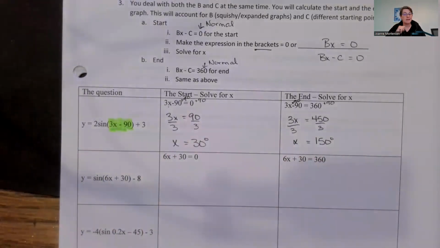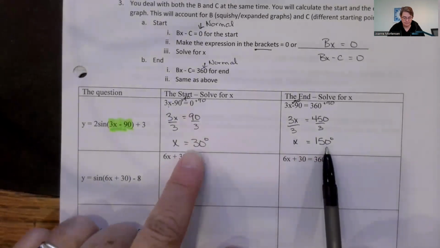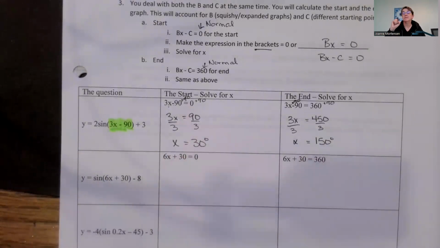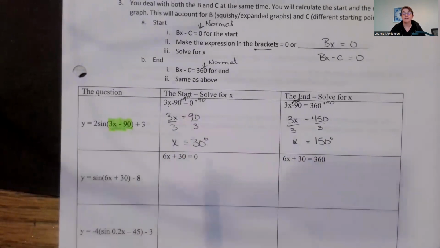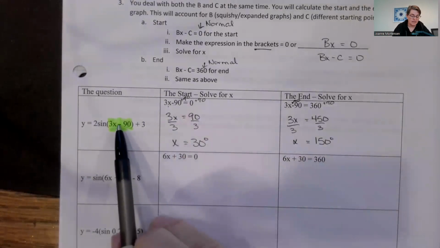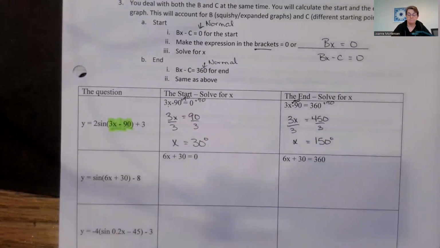But if you want to get really fancy, that's 120 degrees, the difference between them. You get 120 degrees 3 times by the time you get to 360. Also, with the negative 90, that means I'm shifting to a positive start. But mostly you just need to get these.